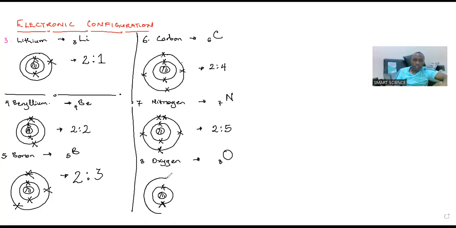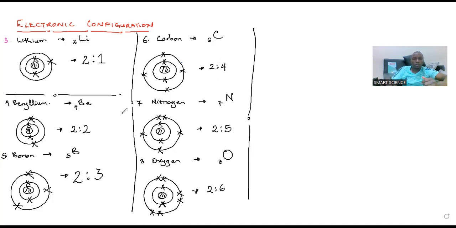Then second energy level can take up a maximum of 8. But on this 8, we have already placed 2 on the first energy level. Therefore, the remaining 6 will be put on the last shell. Therefore, electron configuration becomes 2, 6.